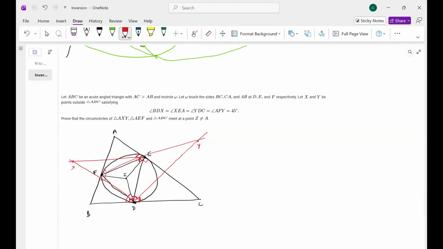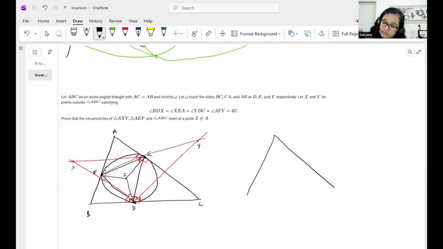Circle inversion. Yes. So now A, B, and C go to the midpoints of the intouch triangle. So where would X and Y go? Let's just draw it from the perspective of D, E, F.